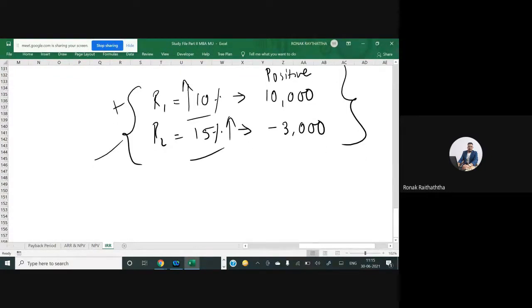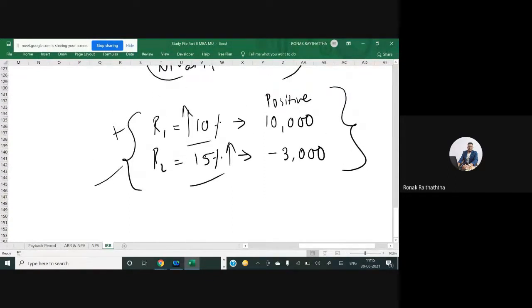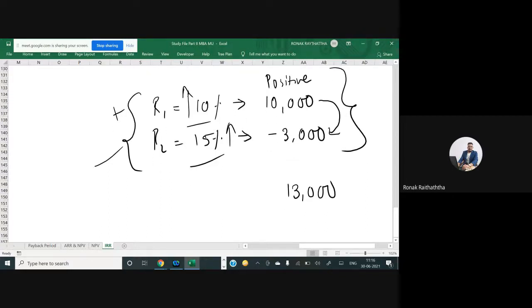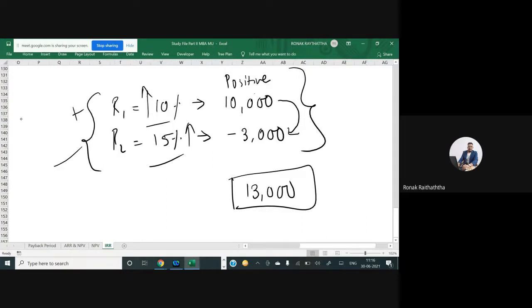Now, from this I can comment, let's say, to reach from 10,000 to minus 3,000, which is a movement of 13,000, so 13,000 movement is taking place at a 5% increase in rate.